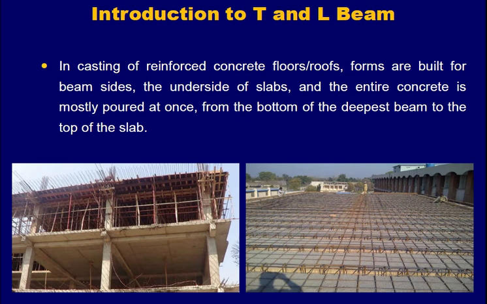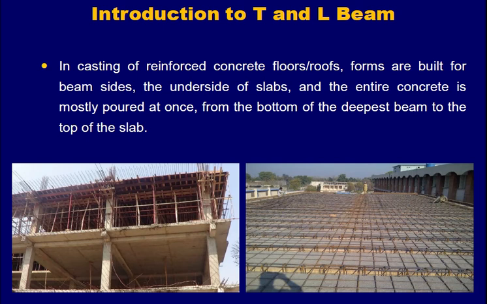In casting of reinforced concrete floors and roofs, formwork is built for beam sides and the underside of slabs, and the entire concrete is mostly poured in advance from the bottom of the deepest beam to the top of the slab. First the reinforcement is fixed, and then the concreting is done at the same time, so that the concrete of beam and slab is poured simultaneously, and this is called monolithic construction.